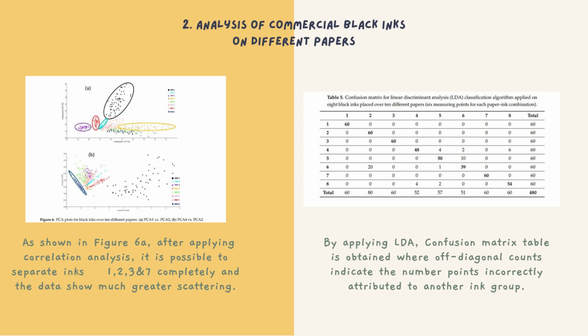The LIBS technique provides elemental analysis. Thus, the correct classification of various inks is related to the differences in chemical composition between the ink and the same compared to the paper material.